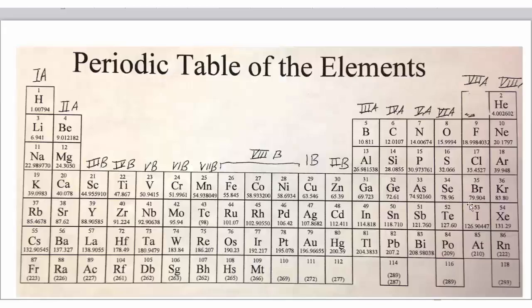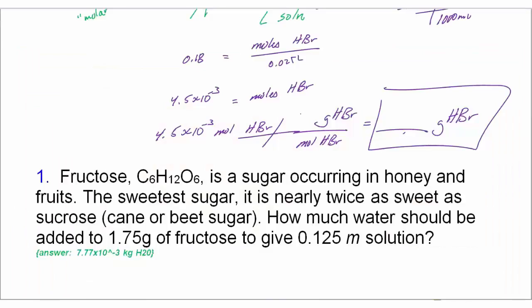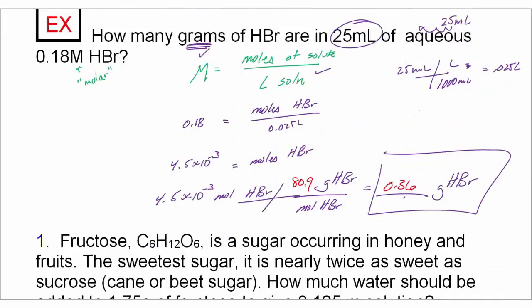So bromine is about 79.9, hydrogen around 1.01. About 0.36 grams of HBr. So how many grams of HBr in 25 mils of aqueous 0.18 molar HBr?